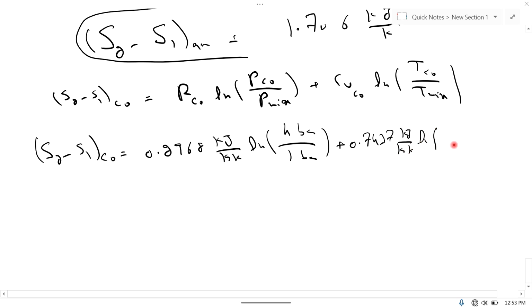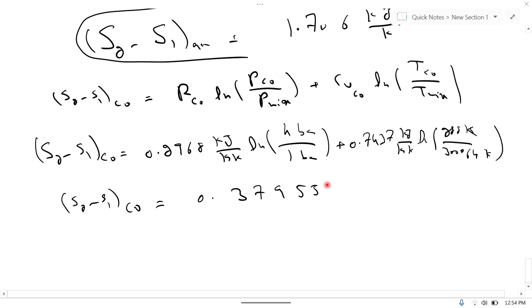Natural log of temperature per carbon monoxide is 288 Kelvin. Temperature of the mixture is 300.64 Kelvin. So simplify this and find S2 minus S1 for carbon monoxide, which is equal to 0.37955 kilojoule per kilogram per Kelvin.